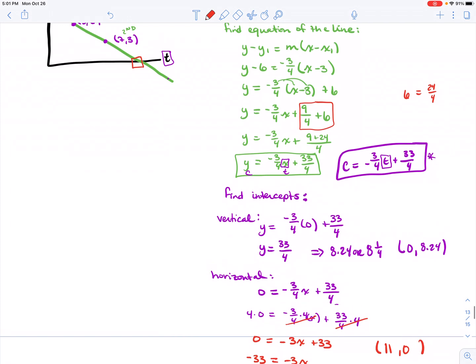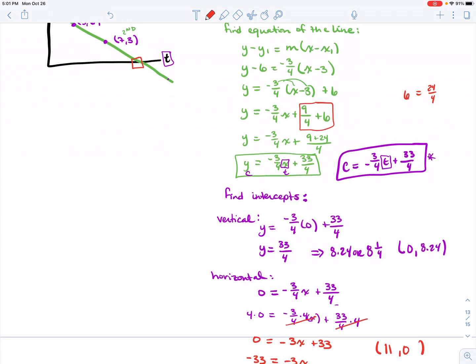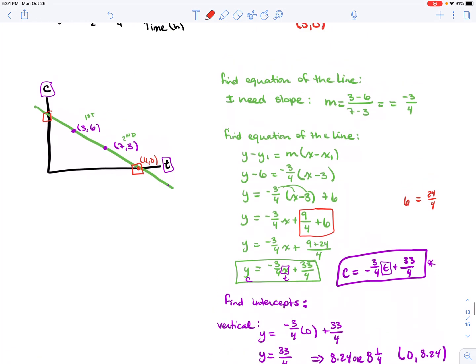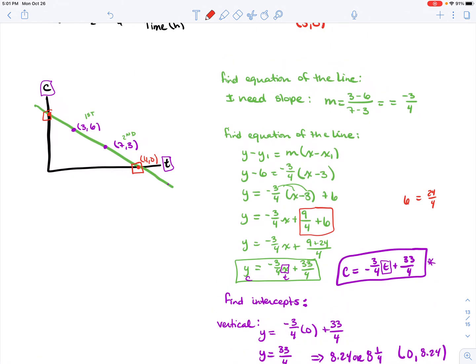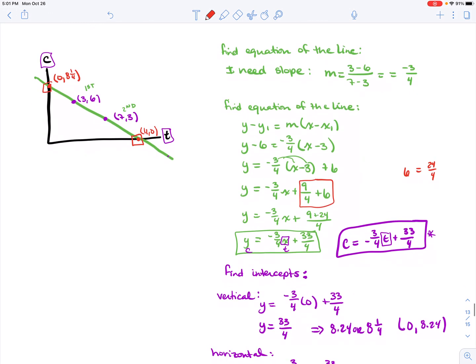So if I go up to my graph, this point here is 11, 0, and this point here is 0 and 8 1/4. And that's how you find the vertical and horizontal intercepts when you're only given 2 points.